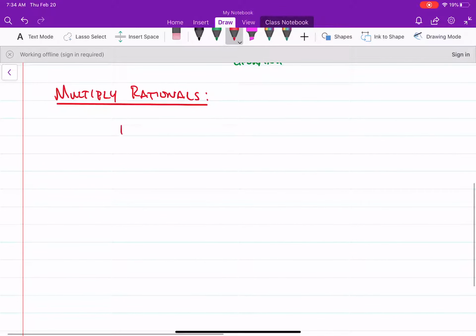Step 1, we're going to factor top and bottom, meaning the numerator and denominator. Step 2, we're going to find restrictions.